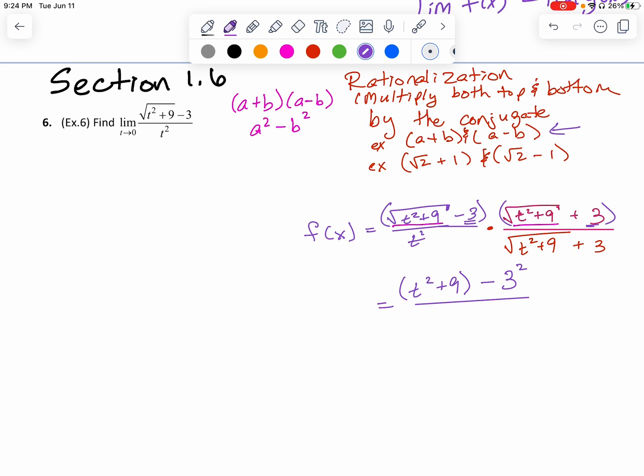And in the denominator, I have t squared times the square root of t squared plus 9, plus 3.